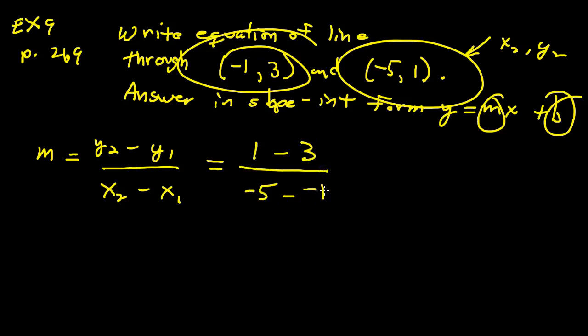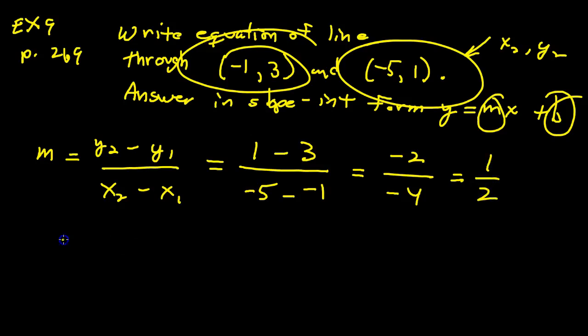Be careful of the double negatives and the signs. All right, so 1 minus 3 is negative 2. Minus 5 minus minus 1 is negative 4. All right, so it looks like my slope is going to be 1/2.